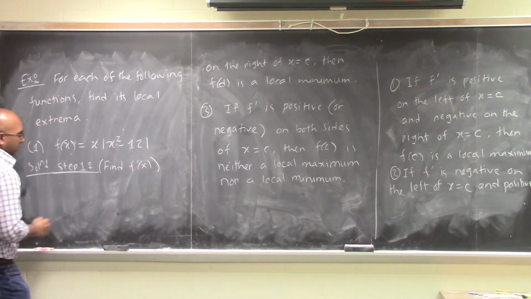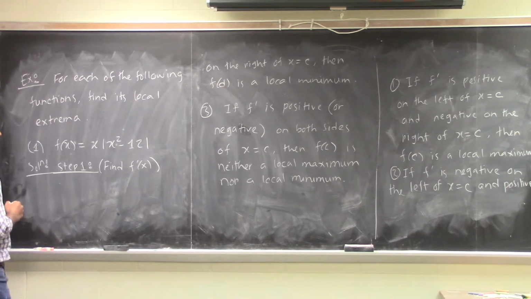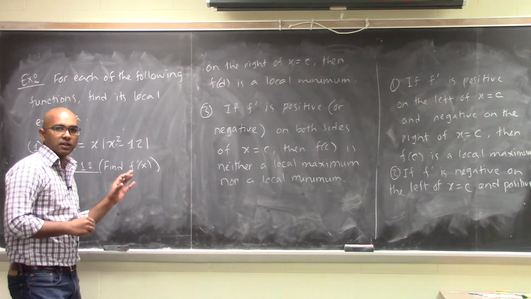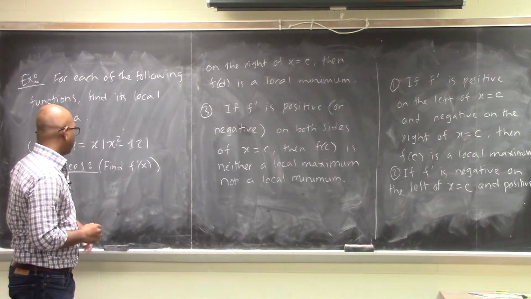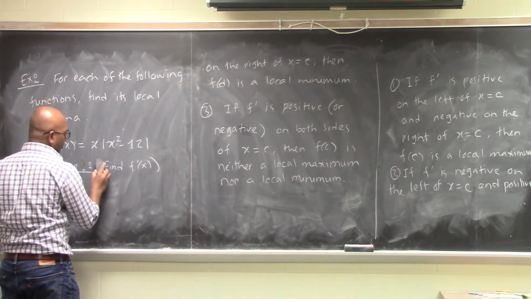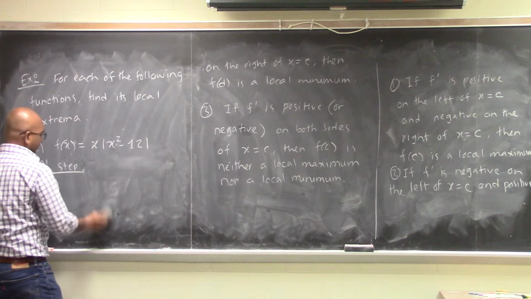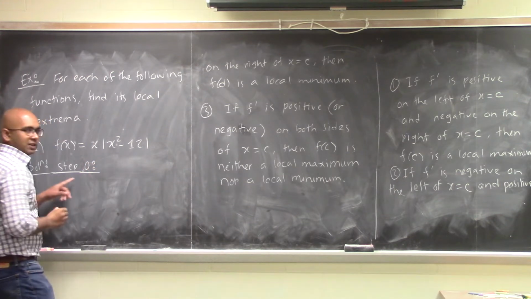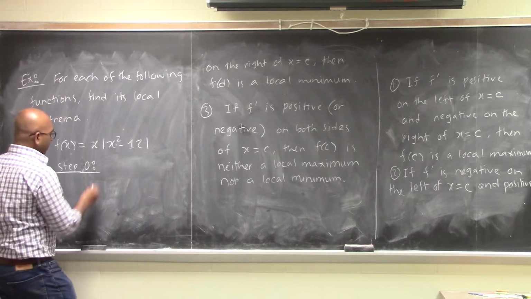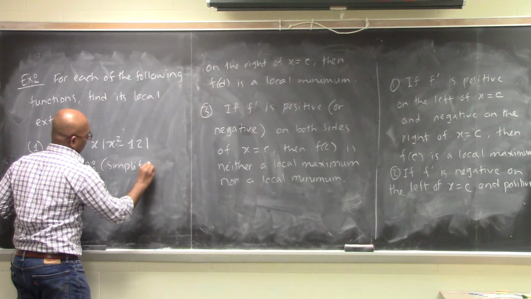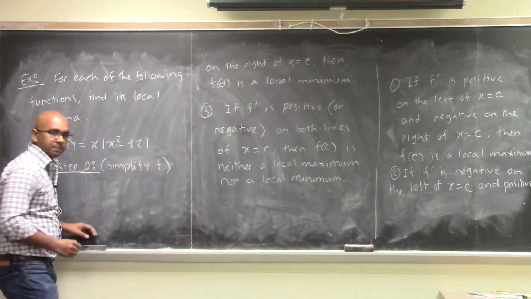But to get f prime of x, for this problem it will be better if we simplify this function a little bit. This function is not as nice as a polynomial function, so it will be better if we simplify it. Step 0, simplify f.